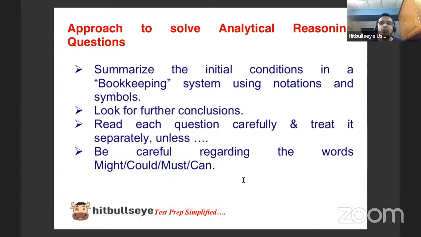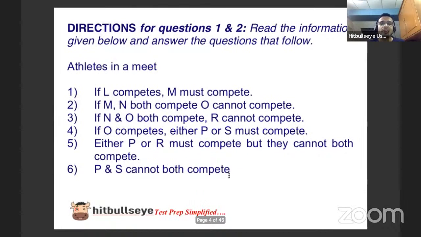So let's try to do the first question and understand the AR questions better. Please go through the statement. We'll discuss it, and then we'll go to the questions. 30 seconds.